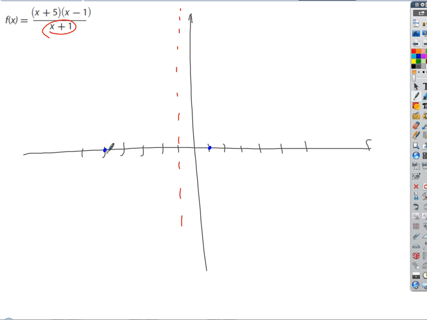And then if I wanted to know whether it's going up or down, what kind of a limit could I take here? I could take the limit of my function as x approaches what? What's one limit I might want to take if I want to know how the function is sticking to that vertical asymptote?